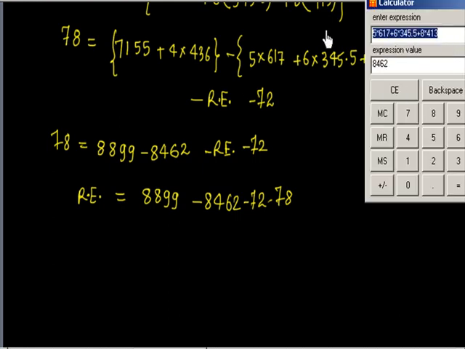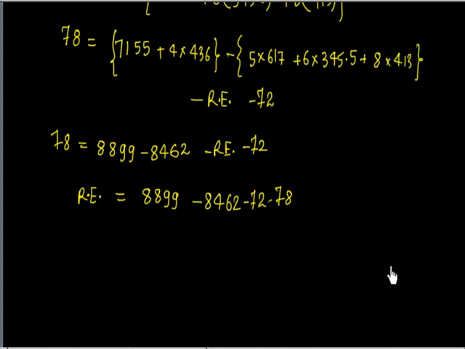This is 287. Now this is a positive value. So this energy is 287 kilojoule per mole.